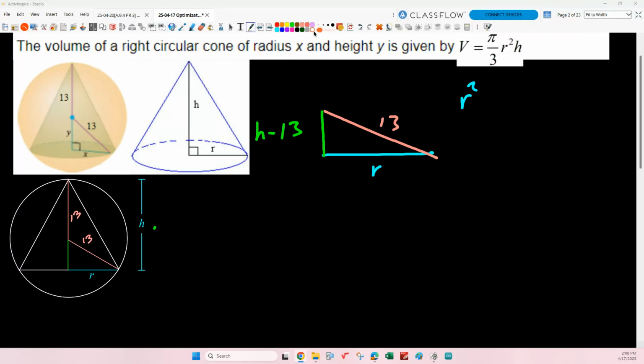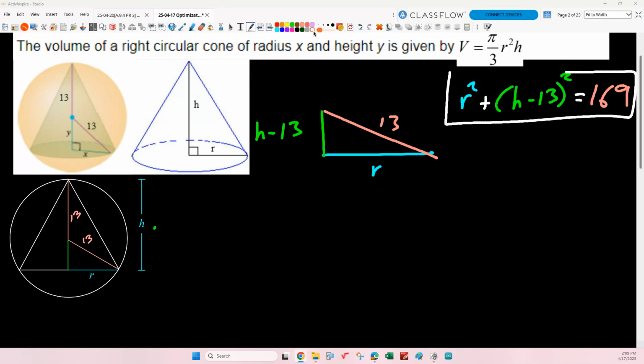R squared plus (H minus 13) squared equals 13 squared, yeah. Right? Okay, so I'm going to put a box around that. That's our substitution equation. Now, which variable should we substitute?